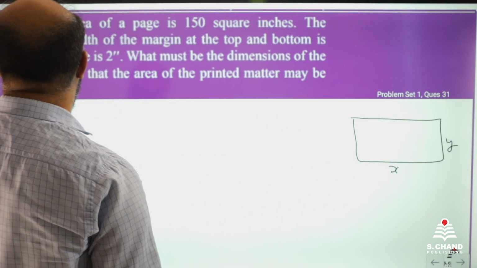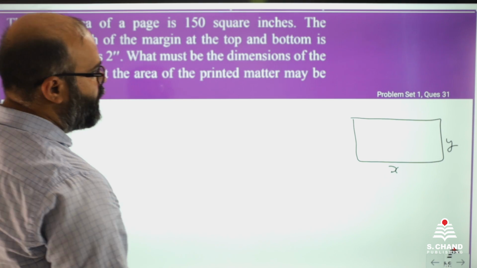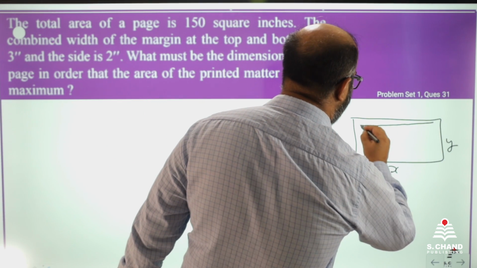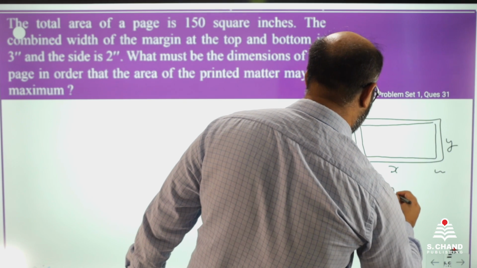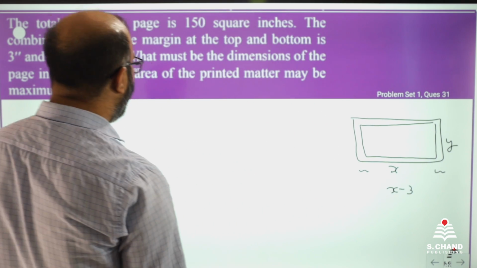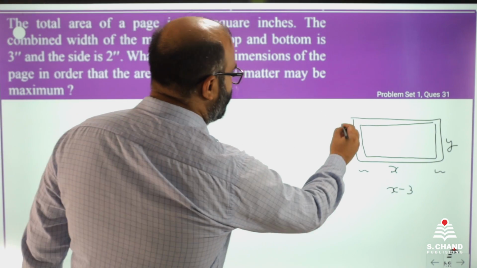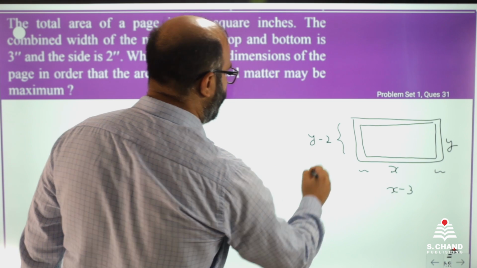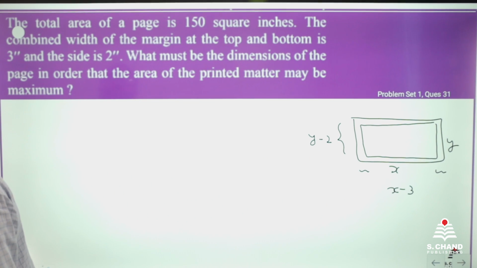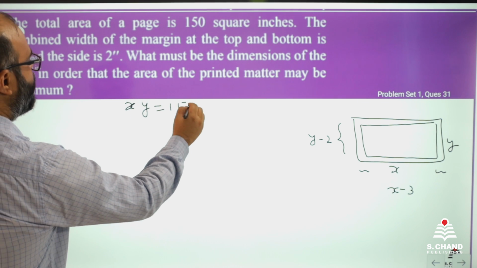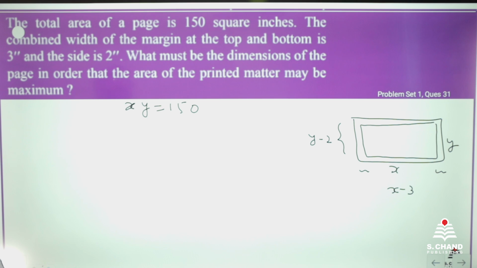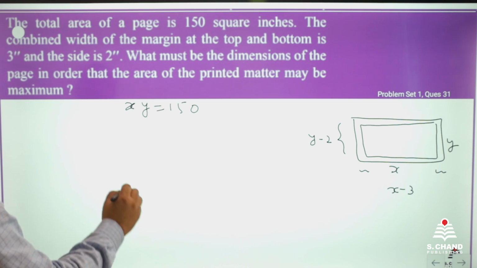Now it is said that 3 inch is being taken outside from the length here and here. So it is x minus 3 the printed length and y minus 2 here is the printed breadth. Now it is said the total area of the page, that is x into y, is equal to 150 square inches.